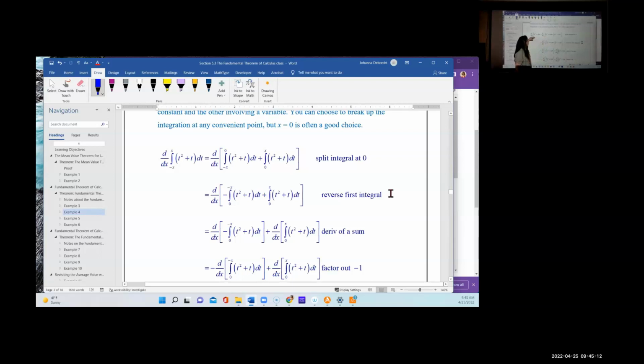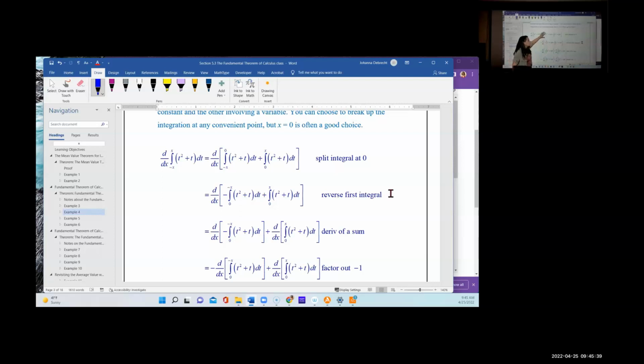We take the original lower limit of integration, negative x, and break it at 0 and go to 0, plus the integral from 0 to x. Remember, we have that rule that says you can break the integral into two integrals by splitting it at any value you want. So we split it at 0. If you'd rather split it at 1, you can.